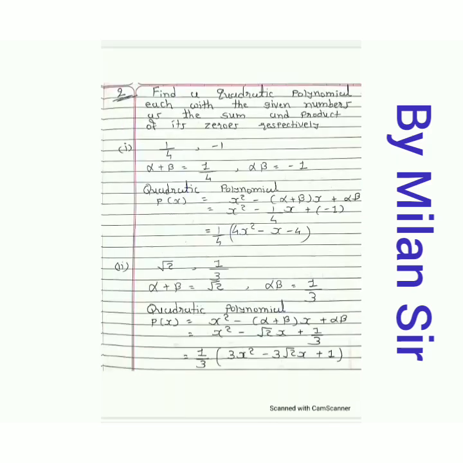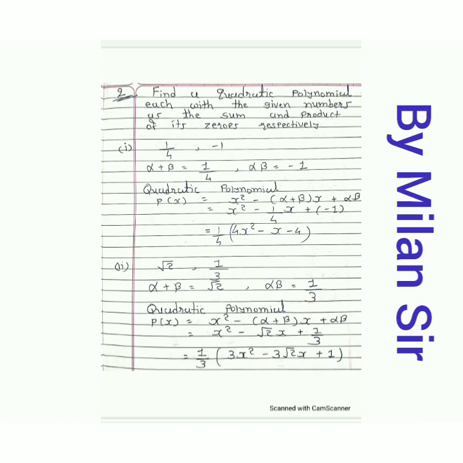Second question. In the second question we have 6 internal questions. So first of all read question number 2. That is, find a quadratic polynomial each with the given number as the sum and product of its zeros respectively. Now what is the meaning of respectively? That means in a sequence.